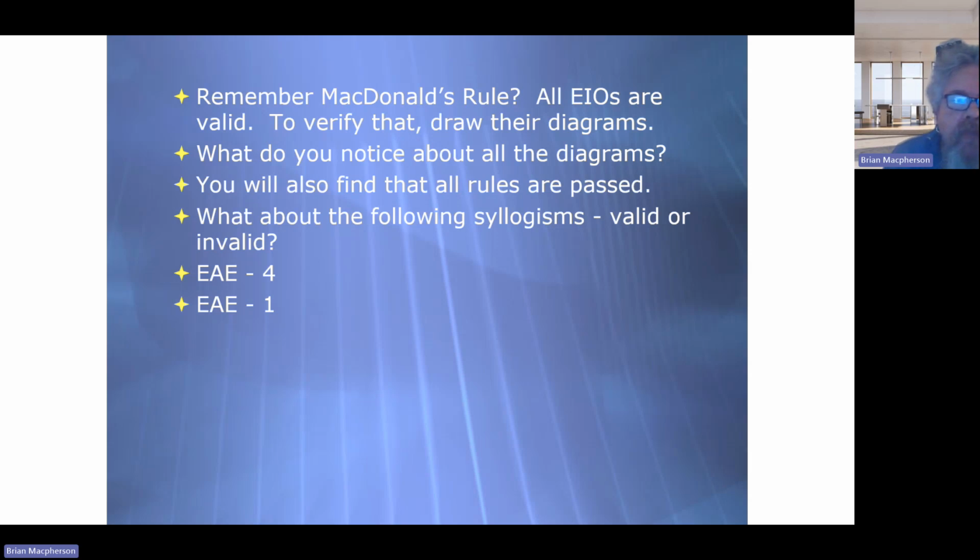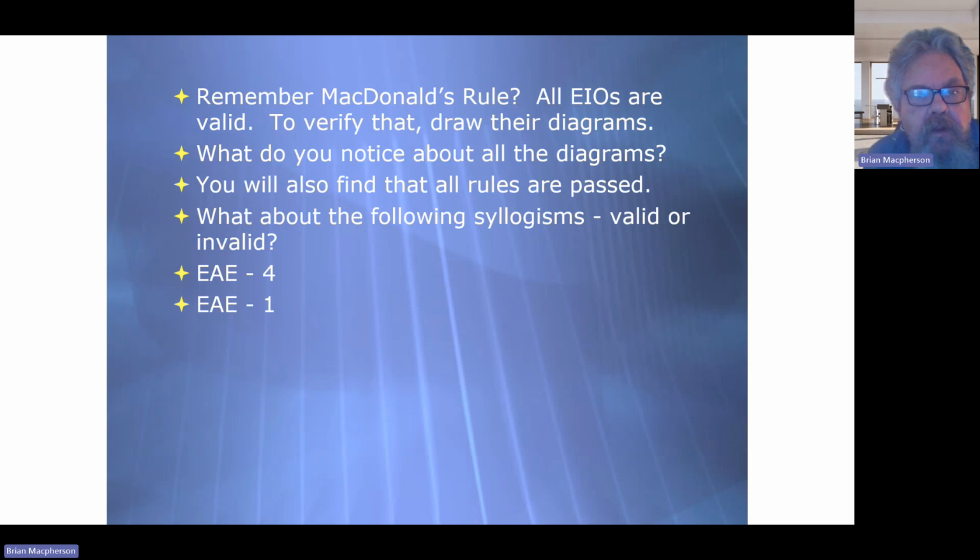Notice that the conclusion is in here. By diagramming in the two premises, I got the conclusion. Notice that the area of intersection between S and P is completely filled in, and that says that no S's are P's. All right, so again, I get the same result using the diagram that I got using the rules.